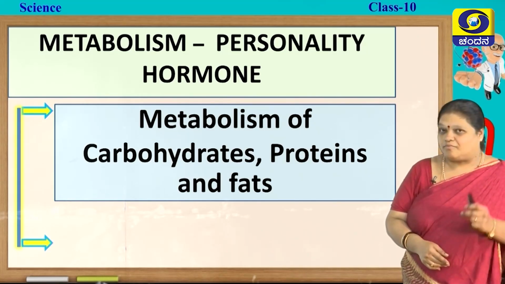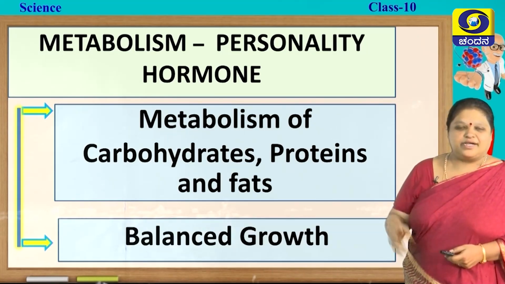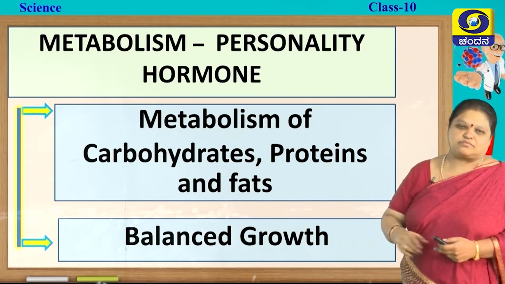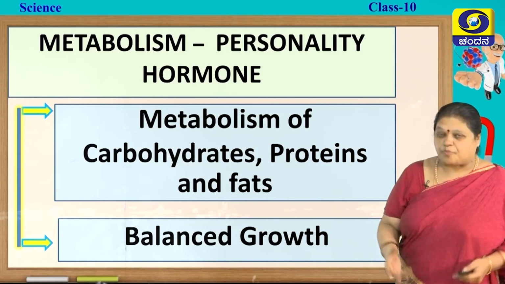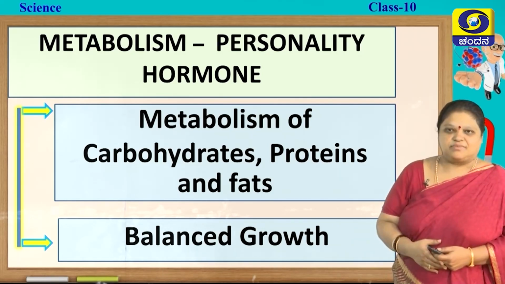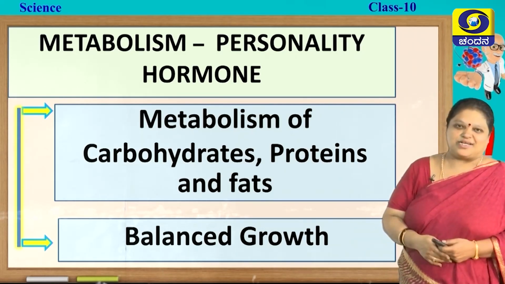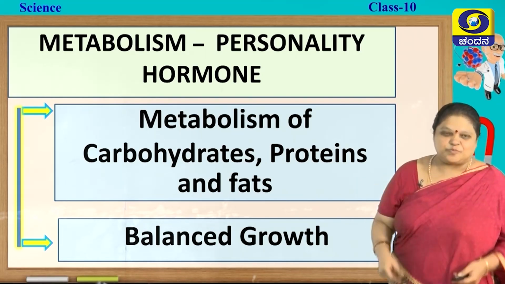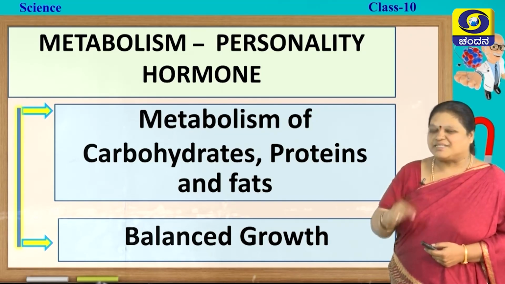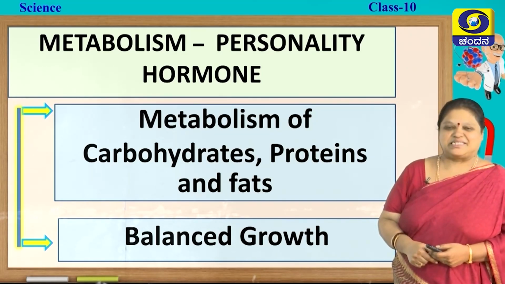And also, most important of all, it helps in balanced growth. Balanced growth means the parts of the body should be proportional. Hence, it is called the personality hormone. If there is any disproportionality, there is some problem in thyroid secretion.